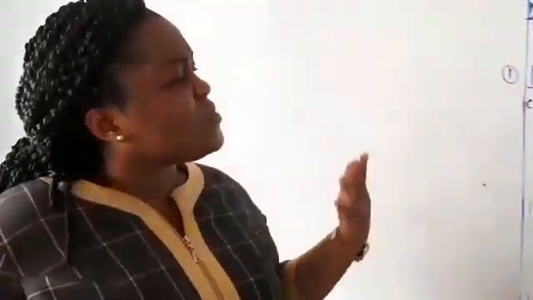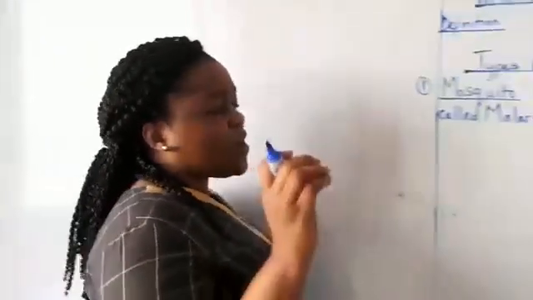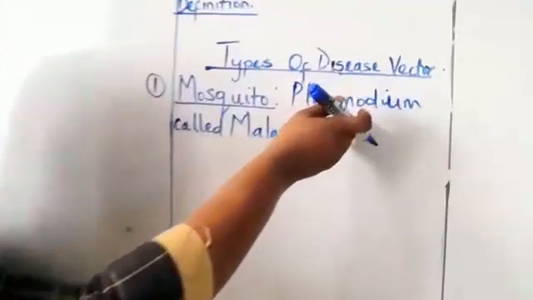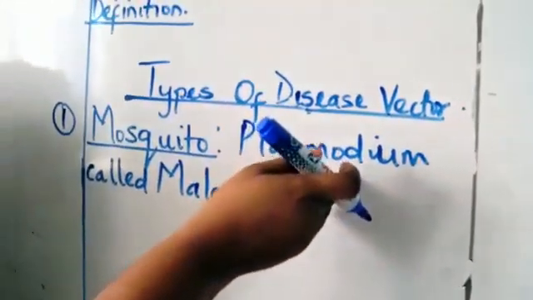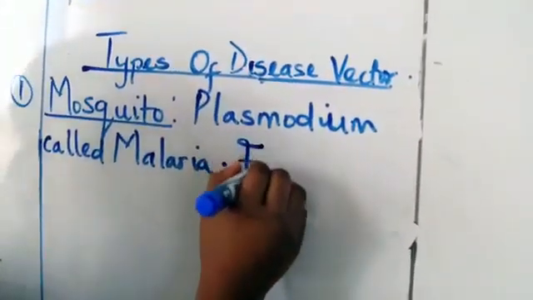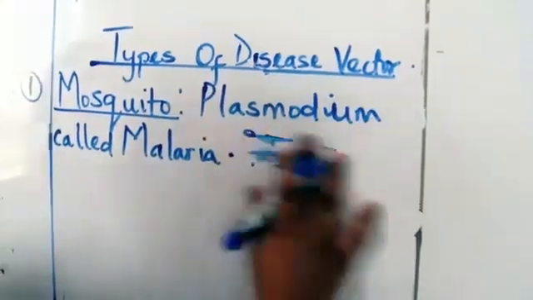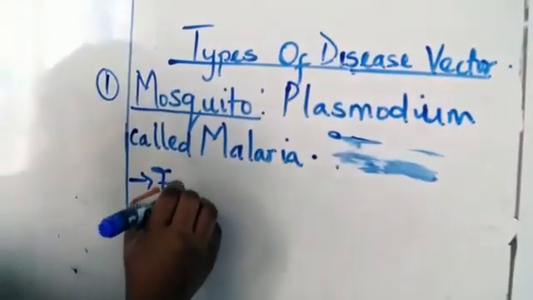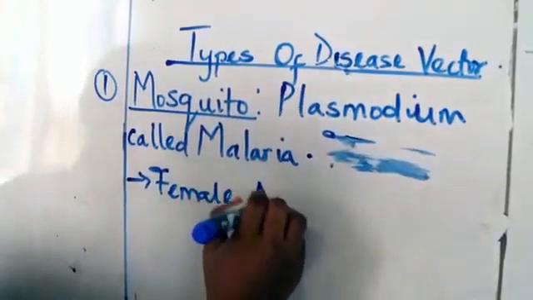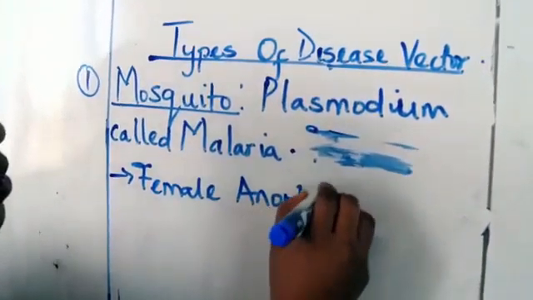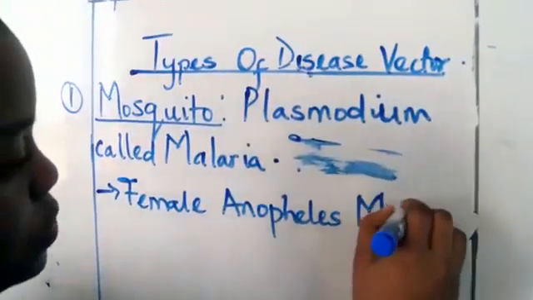And specifically, the mosquito that transmits this illness or disease is the female Anopheles mosquito.